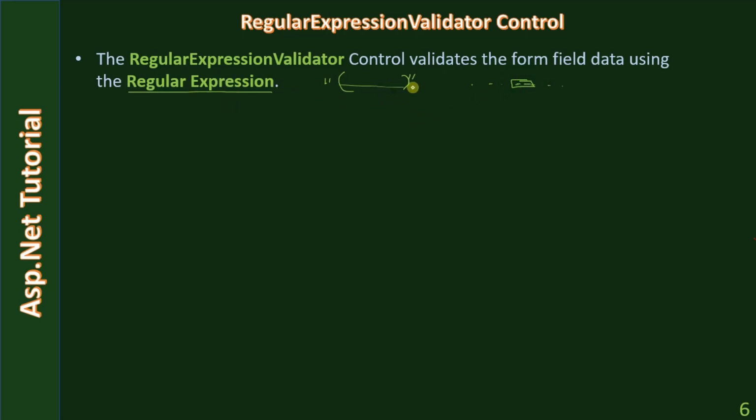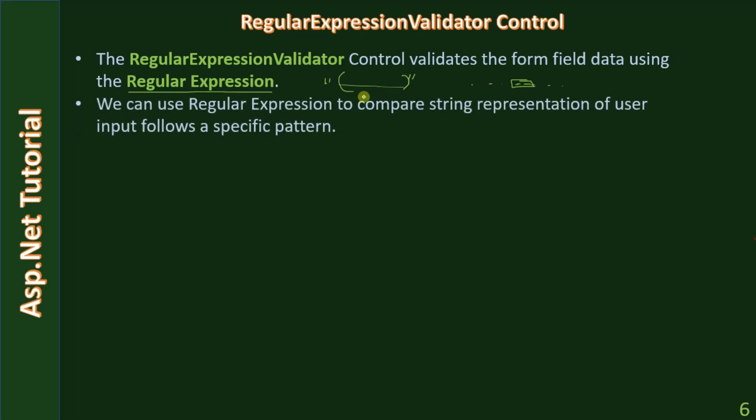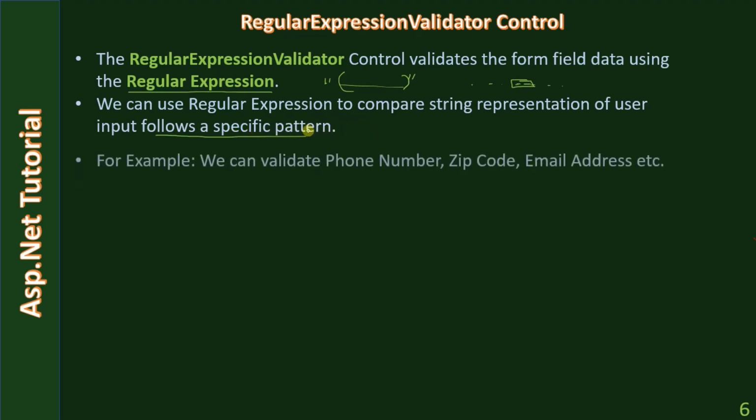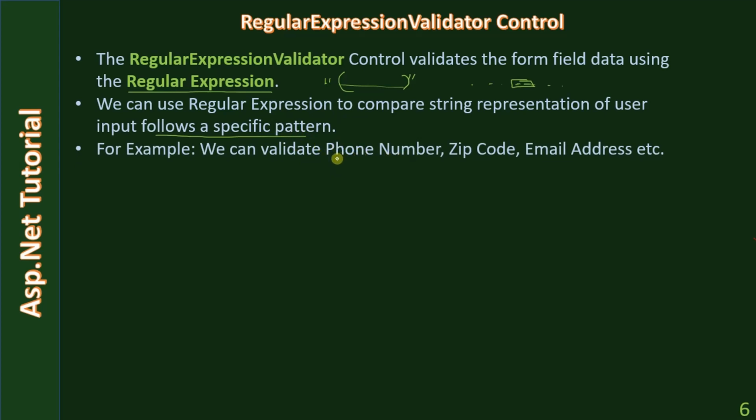And here we will be using this regular expression to check the input is in a specific format. We can use a regular expression to compare whether the string representation of user input follows a specific pattern or not. So, for example, we can validate a phone number.